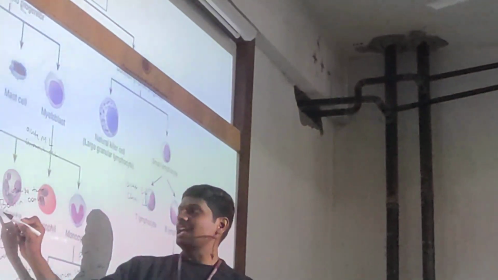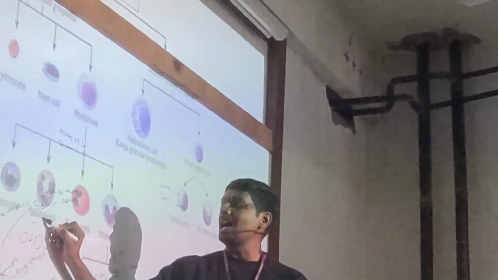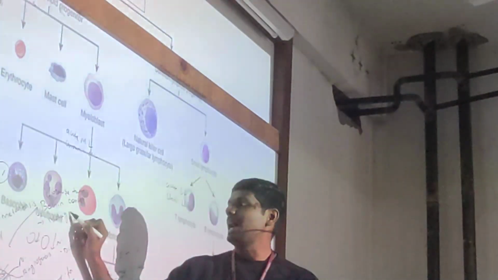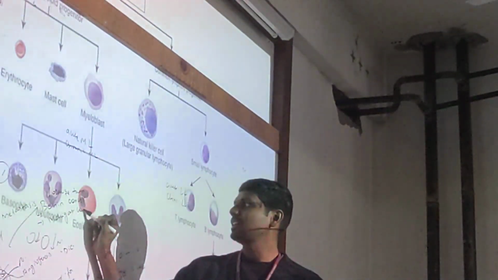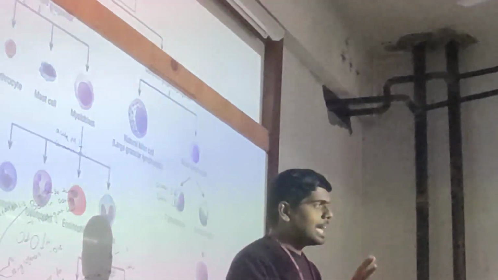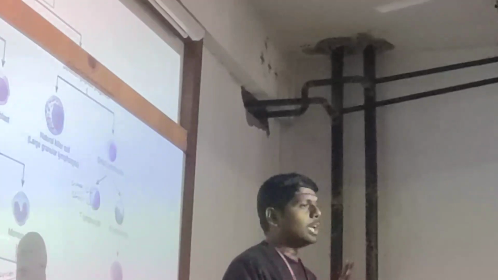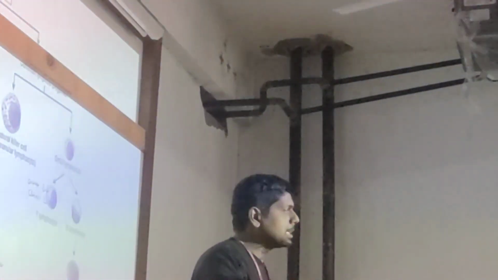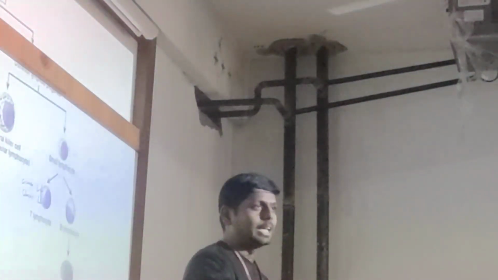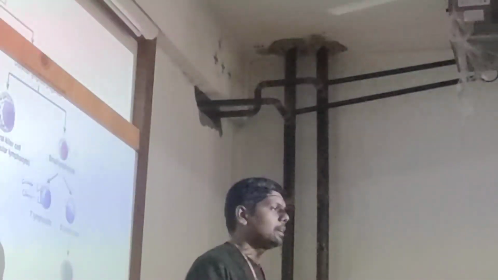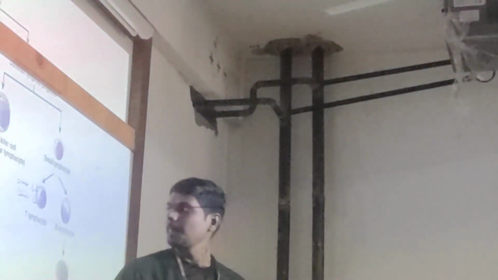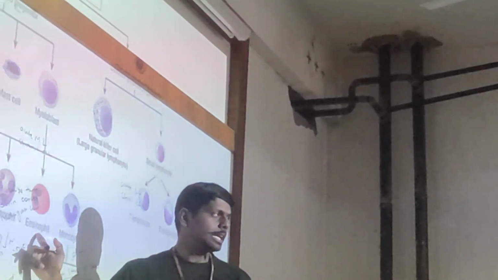The dangerous cancer is called malignant cancer. In malignant cancer, the chances of survival of the patient are very low, because this cancer, originating from one place, will start spreading to the entire body, and it is very tough. Malignant cancers are very tough.